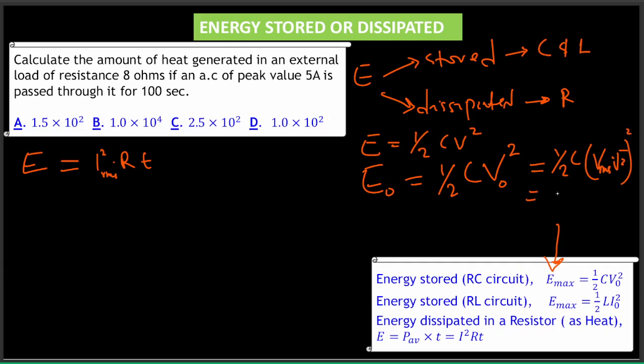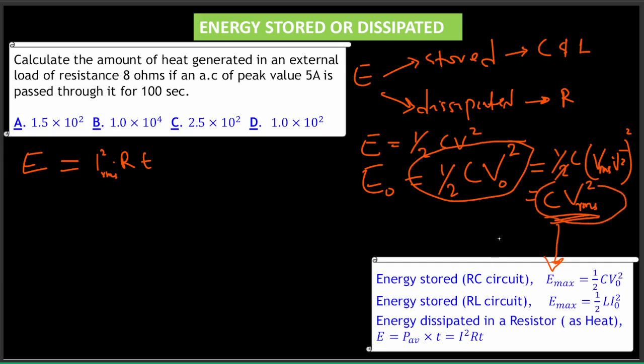If you tidy it up, it will give you CV squared. So the 2 and the root 2 squared, which is 2, will cancel, and then you have this. So you can either write it like this or like this.